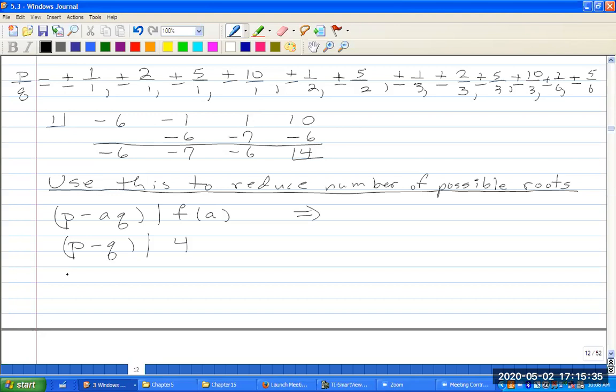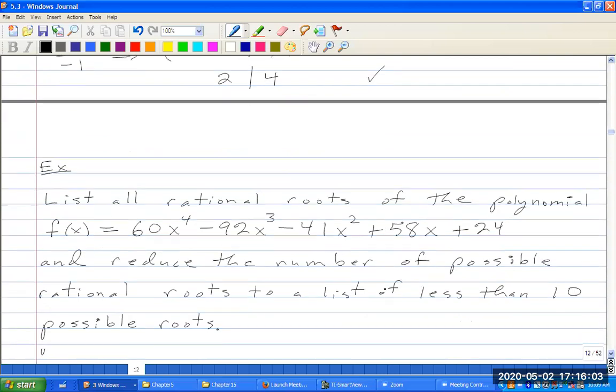So p is 1, and q is minus 1. So 1 minus a negative 1 must divide 4. So 1 plus 1 is 2. Does 2 divide 4? Yes, it does.